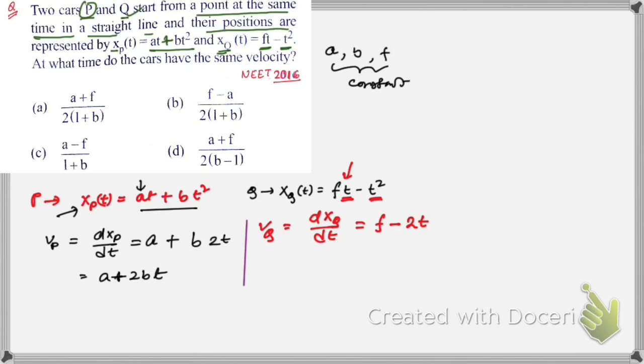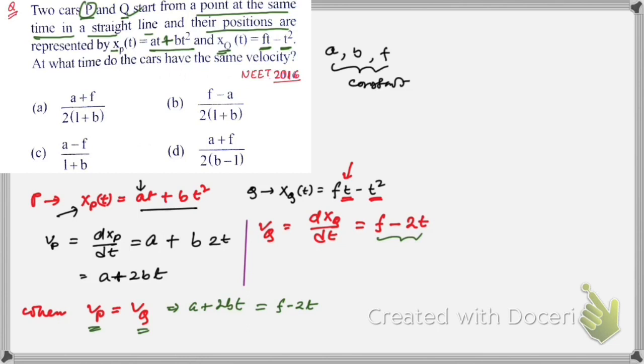According to the question, we need to find the time when vp is equal to vq. So a plus 2bt, this is vp, is equal to vq, which is f minus 2t. This is the relation we have got.